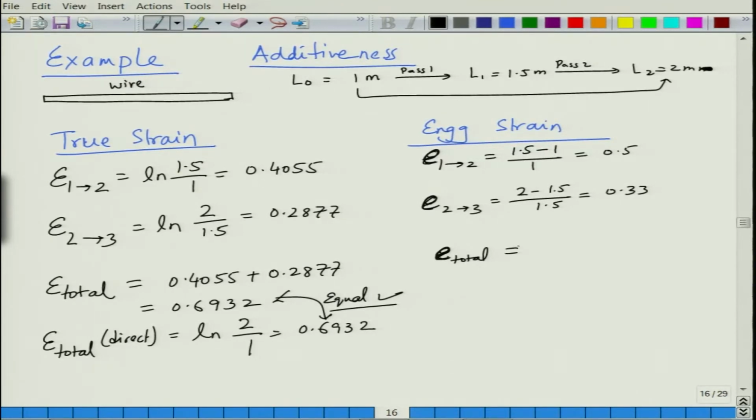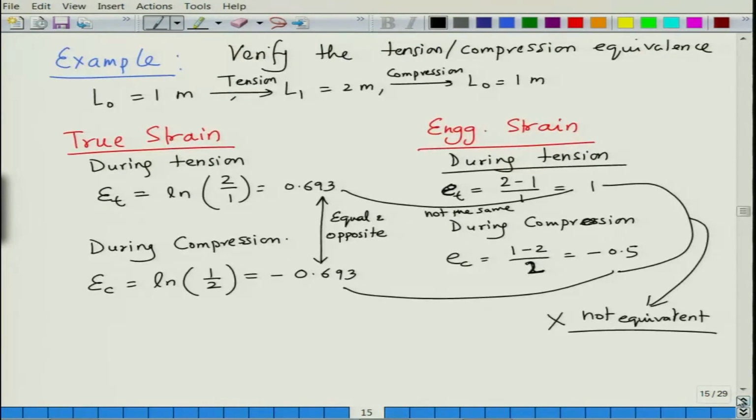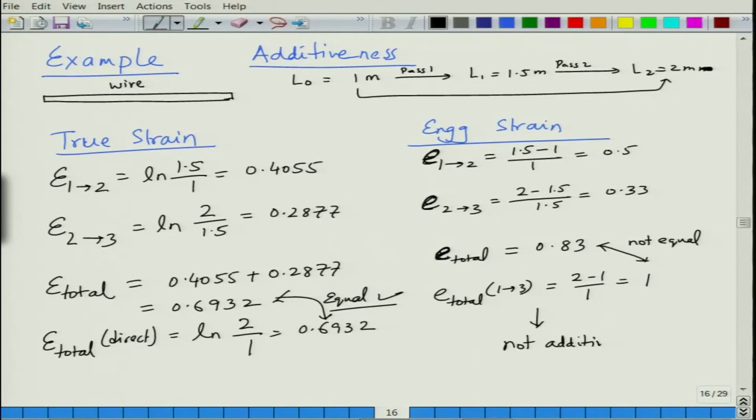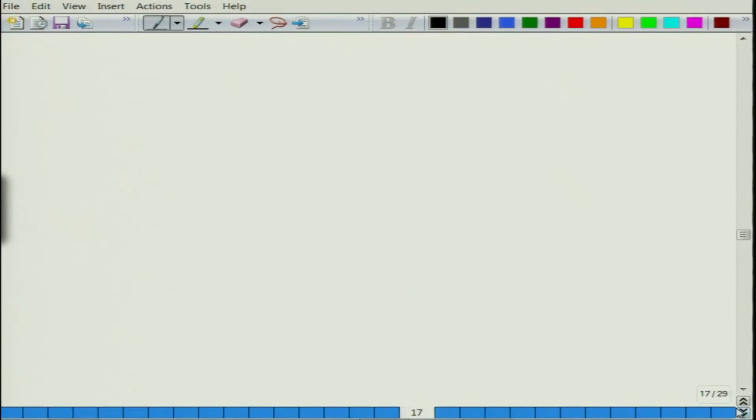So, E total is equal to 0.83, and what is E total direct, that is E 1 to 3, then it is 2 minus 1 divided by 1, which is 1, and we can see that these two are not equal, which means it is not additive. So, this is the problem with engineering strain.